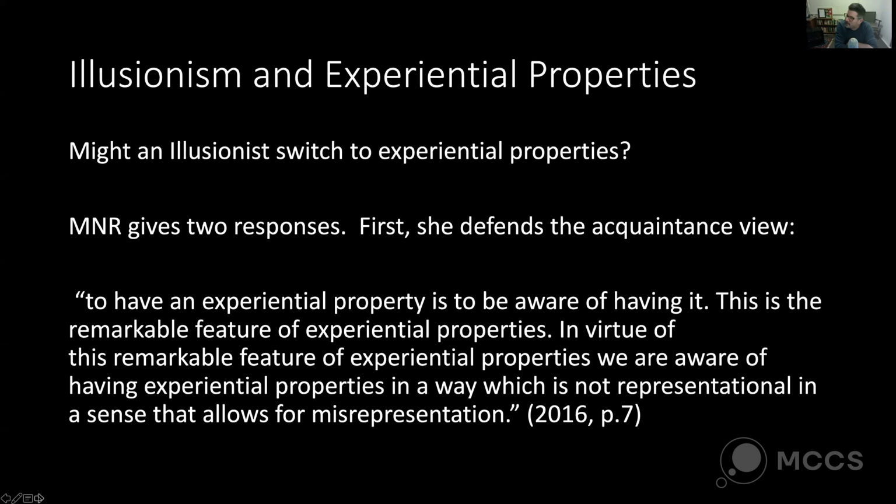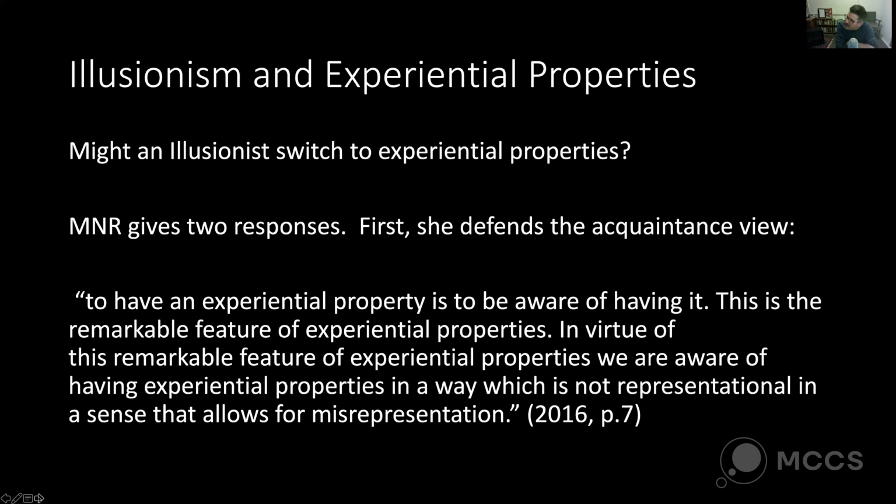So acquaintance is always going to tell you the truth about the conscious state. And likewise, if you're in the conscious state, you must be acquainted with it. This doesn't quite tell you that you can't have a false belief about it, but the idea is that acquaintance somehow gives you this sort of basic form of awareness of being in the state.